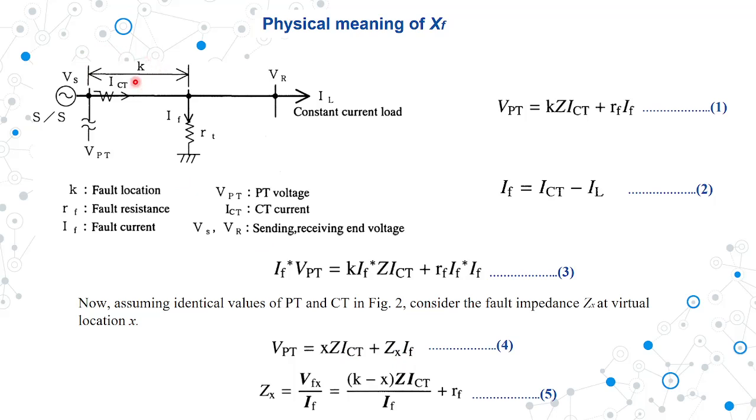For this K terminal, we are changing the resistance into an impedance. Finally, from the above two equations 1 and 4, we get Z equals K minus Z times ICT plus IF plus RF.